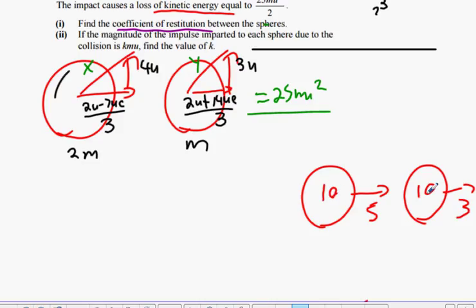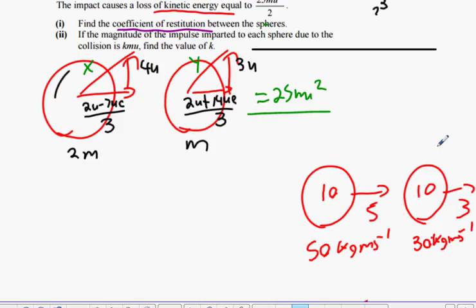Before the collision, it has a momentum of 50 kg m s minus 1. After the collision, it has 30 kg m s minus 1. What's the impulse? It lost 20. So it'll be 20 kg m s minus 1.